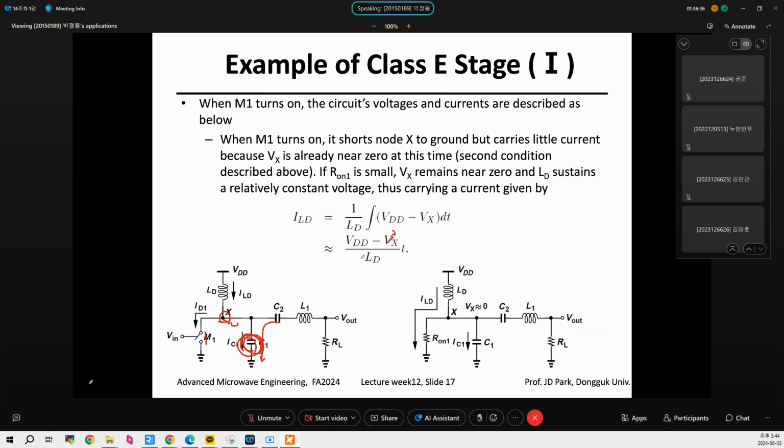And this is omega LD, which is the same as 1 over omega LD, right? Make sense? So from this relation, you can calculate ID, which is almost constant.